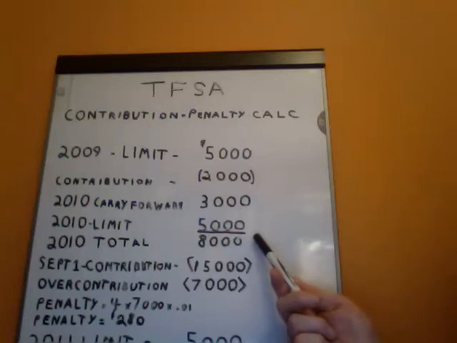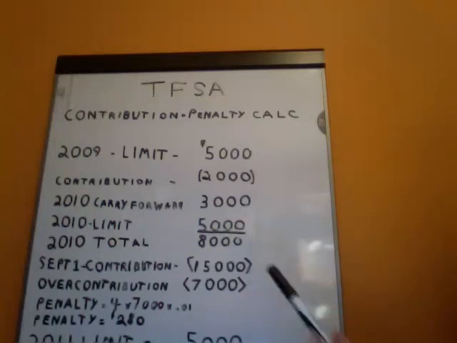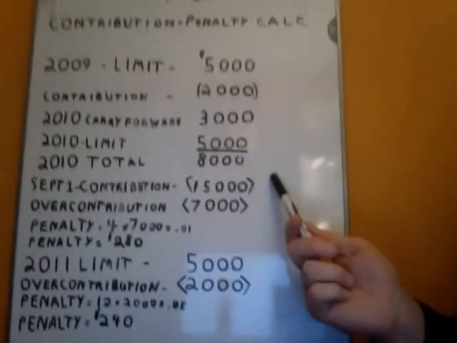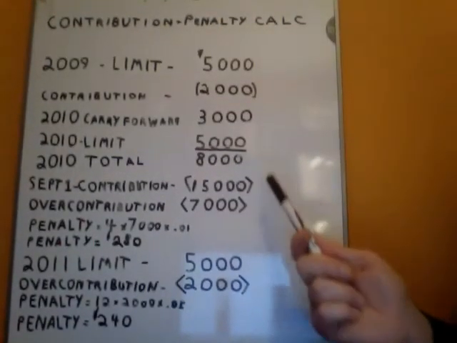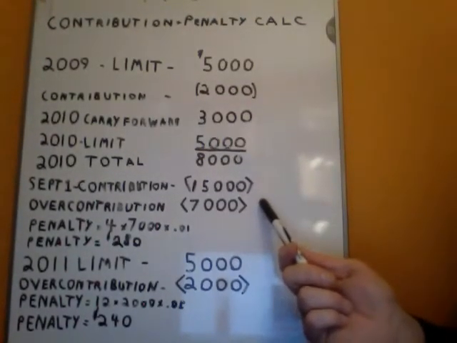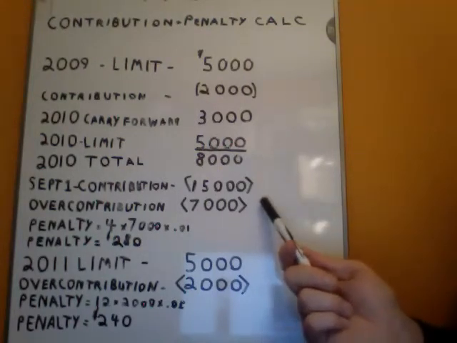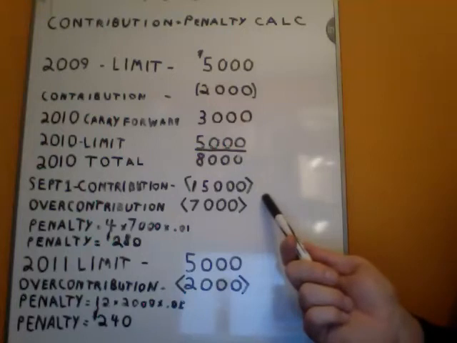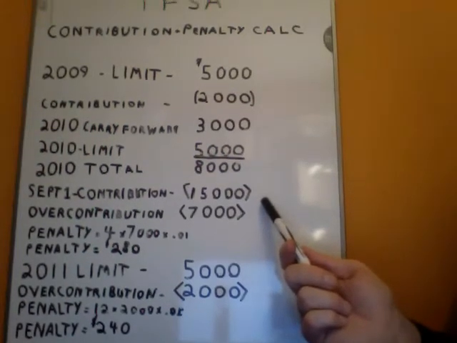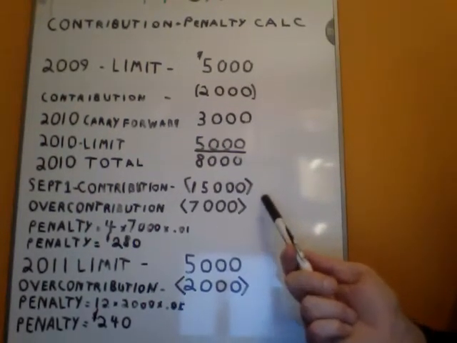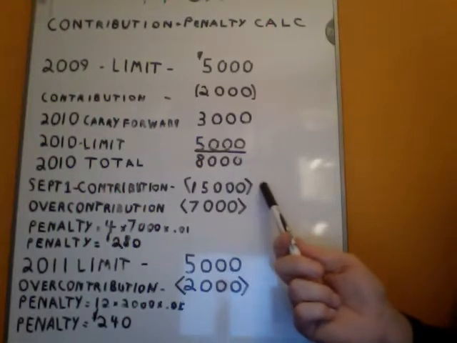Let's say in 2010, Jim got a big bonus from work and they said, well, why don't you just put it all into a TFSA, you must have room. So he decided to put $15,000 into the TFSA in 2010. Well, he's over contributed $7,000, which is 8 less 15, giving you a negative $7,000. He is then subject to a penalty for every month he over contributed. Now, up here, I mentioned September 1st, he made the $15,000 contribution.